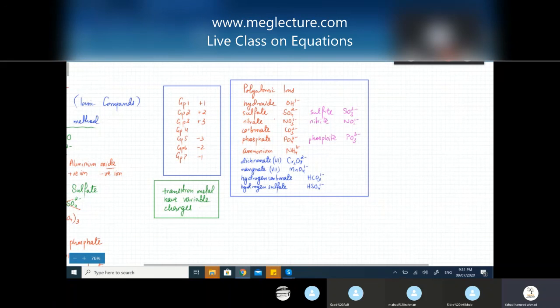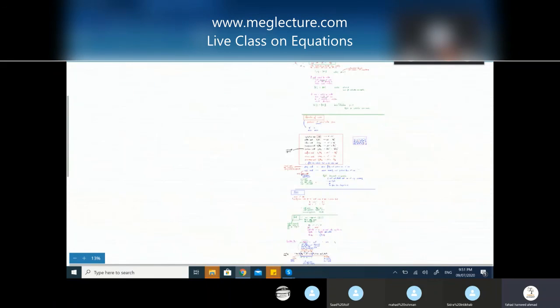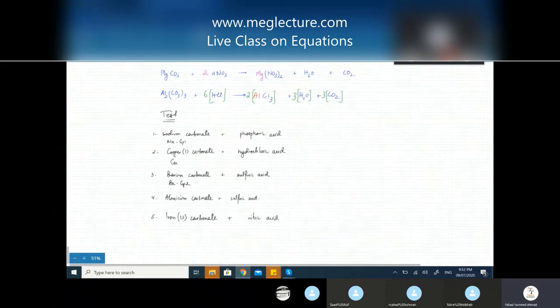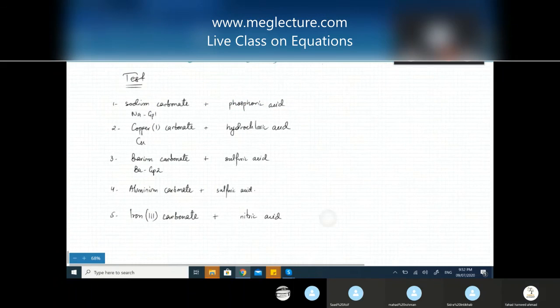Try and make as many equations as possible. ठीक है, तो उसी तरह ना things will be on your fingertips. तो एक वो कर लेते हैं कि I'll give you some homework as well. ये पहले का ना I'll give you a homework which is going to be कि sodium carbonate की ना equations with all acids. ठीक है, make its equations with all acids. तो phosphoric acid के साथ तो बना चुके हो, तो जितनी भी equations बनती है ना, try and make those equations of sodium carbonate with all acids. ठीक है, that's your homework for now.